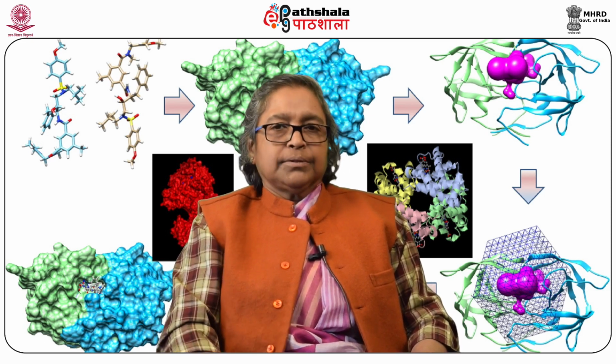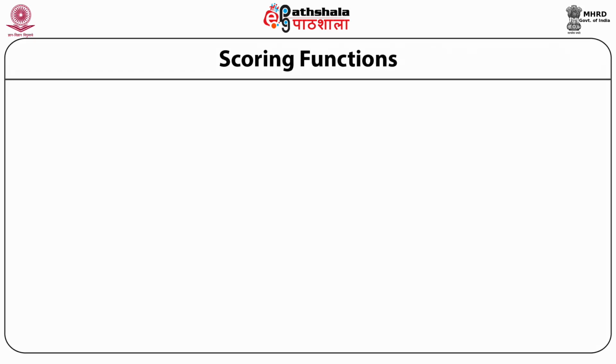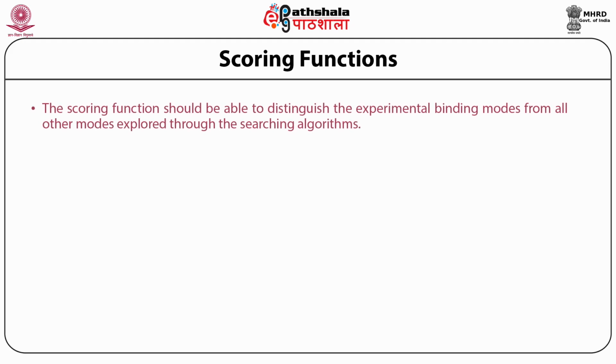We actually need scoring functions for two purposes. One, it should be able to distinguish the experimental correct binding mode from all other possible binding modes.